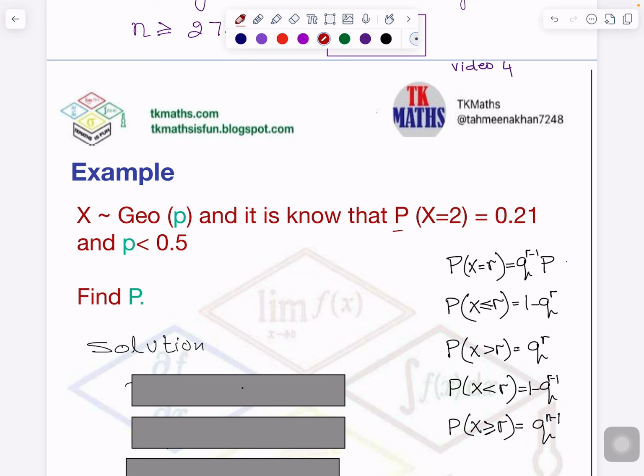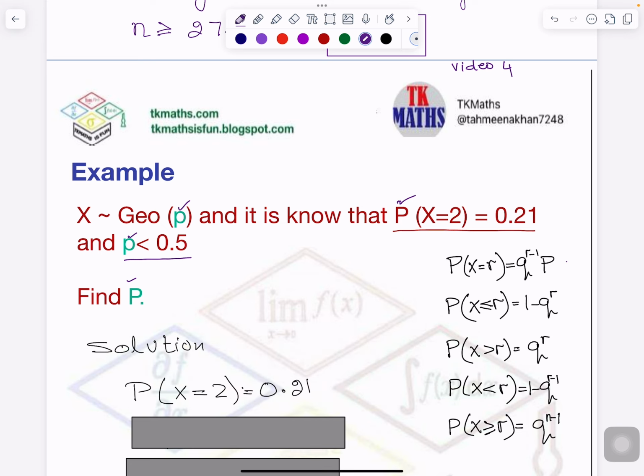So the probability of X equals 2 is 0.21, given to you, and the parameter p is less than 0.5, given to you. I have changed the color to show you that this is representing the parameter and this is representing the probability here. Don't mix up the two p's, okay? So now let's write this down again here.